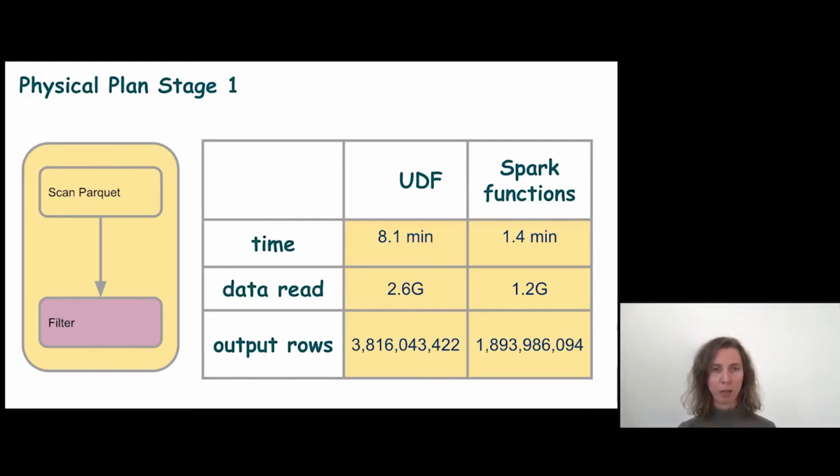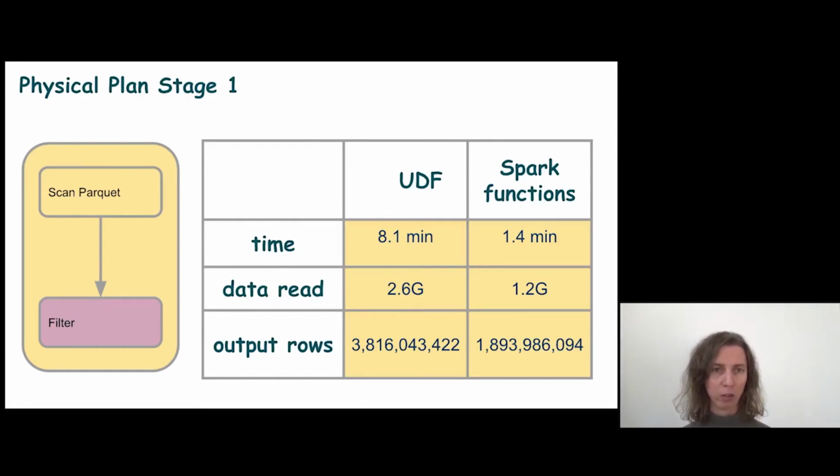From the physical plan that Spark generated, you can see how Spark will execute the query. First, it will scan the data on disk and fetch it to memory. Then, Spark will filter the data in memory.